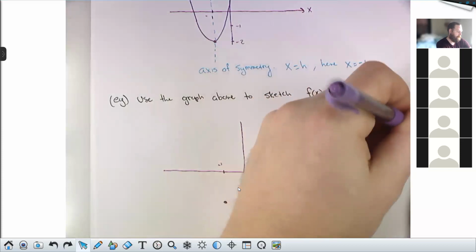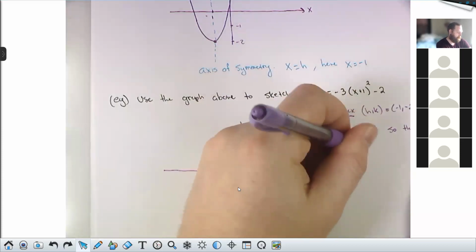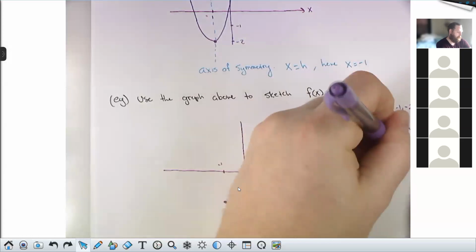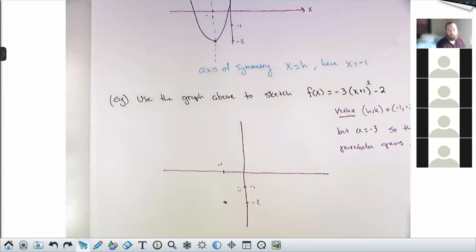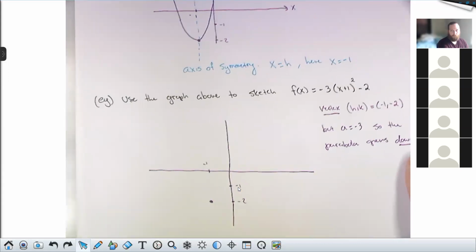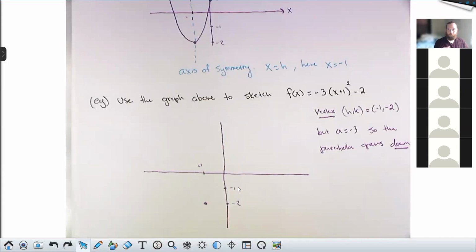So the parabola opens down. In other words, if your lead coefficient is positive, your parabola opens up. If your lead coefficient is negative, your parabola opens down.